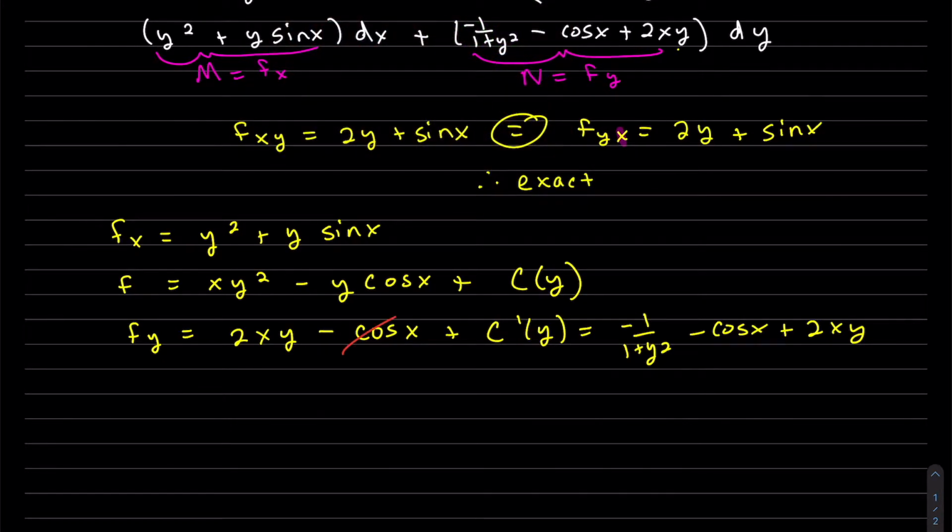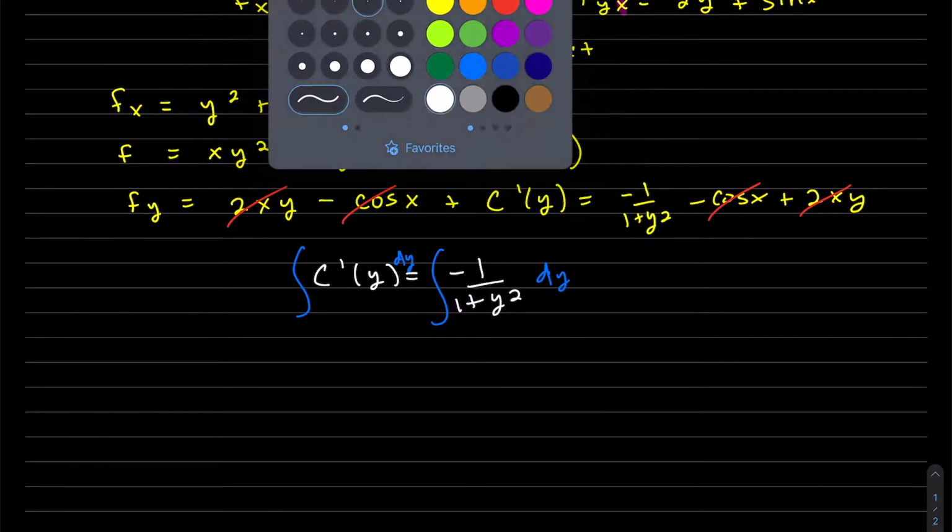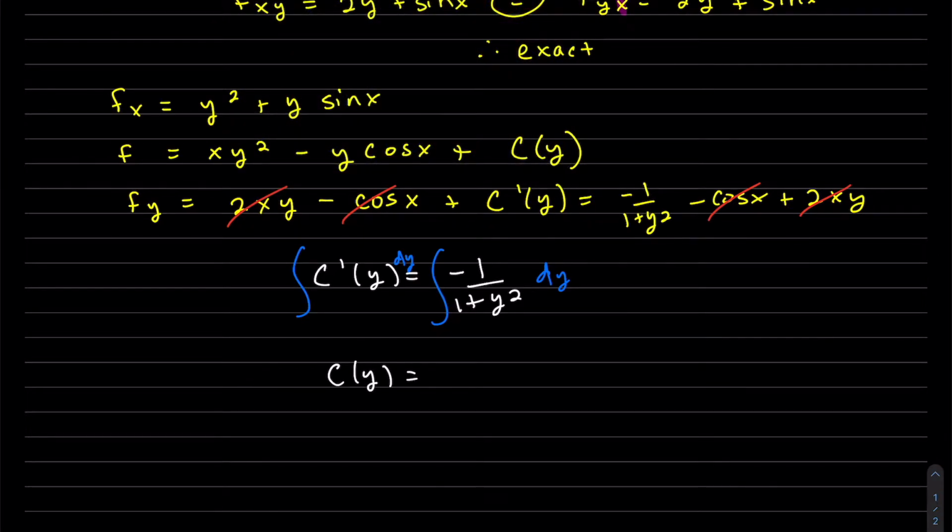Looks like these will cancel. The 2xy will cancel. So we have a winner. Looks like the tan inverse of y. So now we have our function.